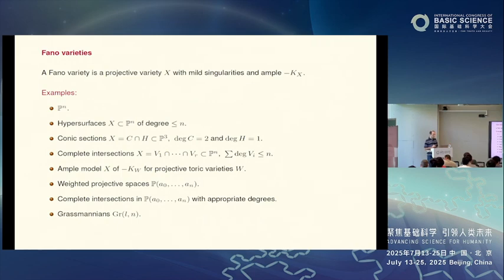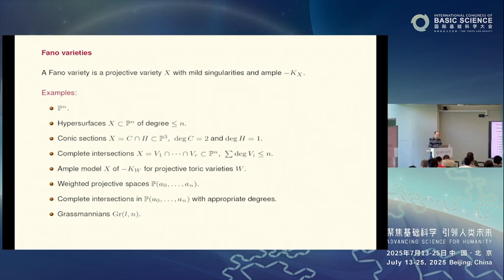Okay, so let me just remind you, or the younger generation here, what Fano varieties are. A Fano variety is basically a projective variety X, which can be smooth, or we also allow a mild form of singularities. For now, I will just say mild singularity.